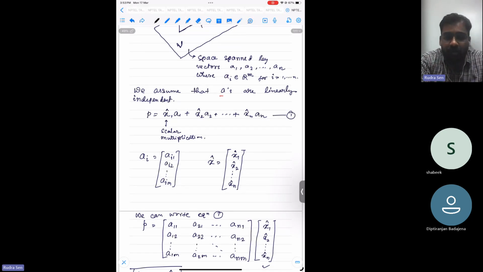So can you say what would be the relation between n and m? Like greater than, less than, equal to. I'm talking about this relation.